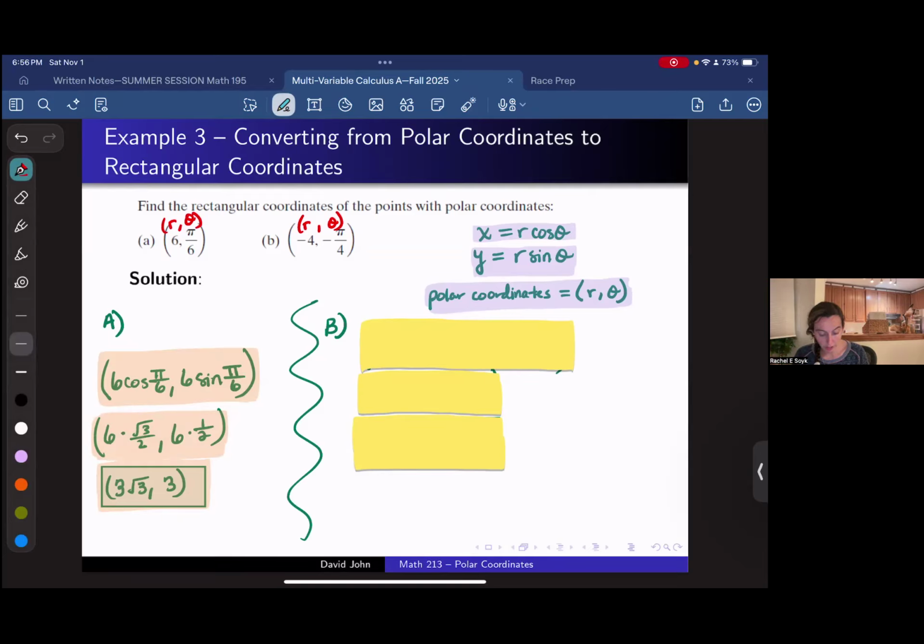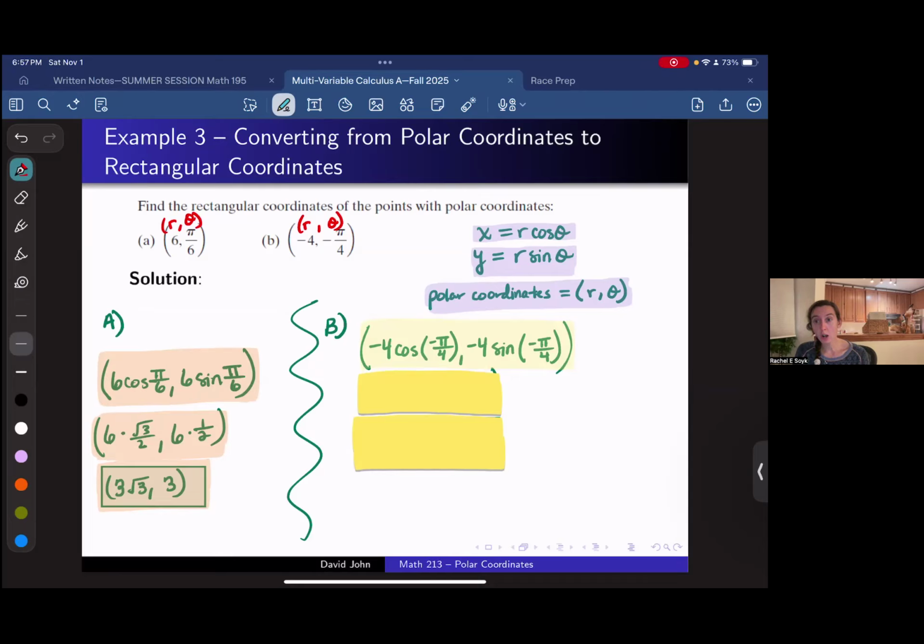Let's go a little faster now. Our part B, we're looking at -4 cosine of negative pi over 4, comma -4 sine of negative pi over 4. And we know that cosine functions are even, so cosine of negative pi over 4 is the same as cosine of pi over 4, and cosine of pi over 4 is just square root of 2 over 2.